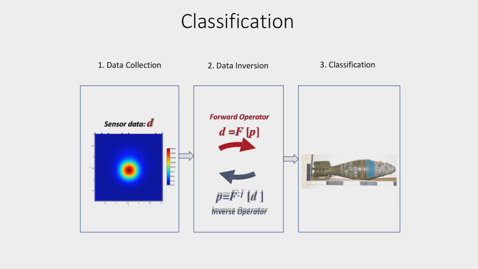And then the last step is to use these feature parameters to classify, or identify, UXOs among non-exploded targets or among clutter. So those are the main steps we have taken to achieve our classification goals here.